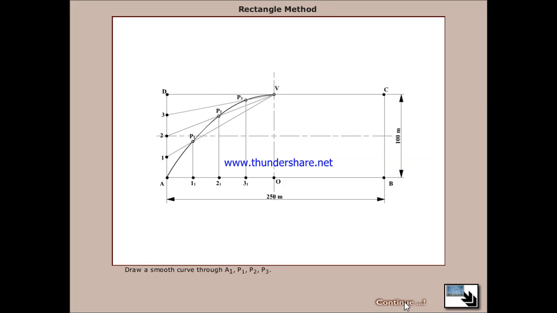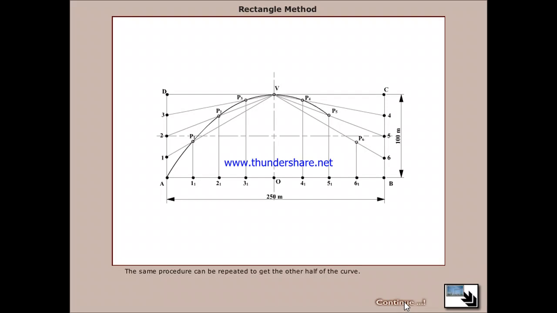Now let us draw a smooth curve through A, P1, P2, P3. Similarly, the procedure can be repeated to get the other half of the curve. The resulting curve is the required parabola.